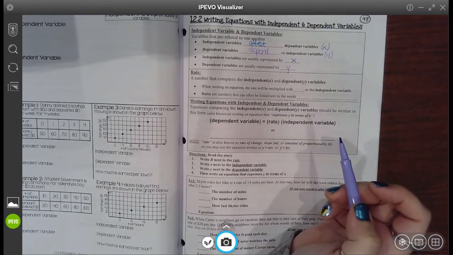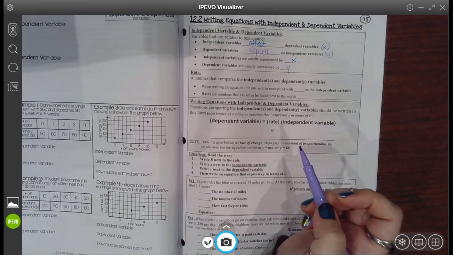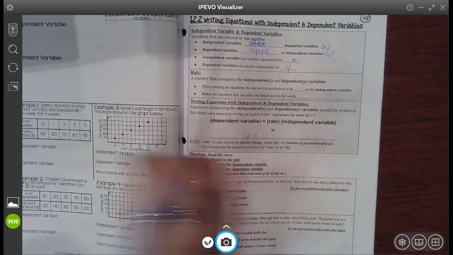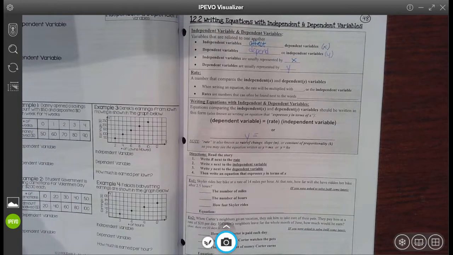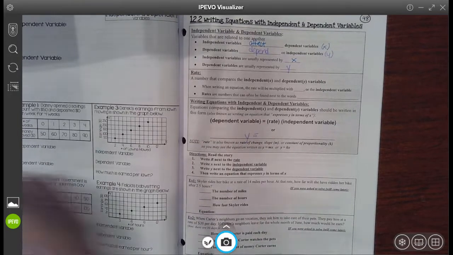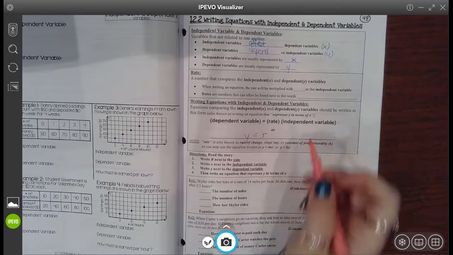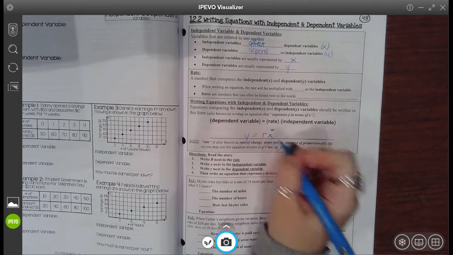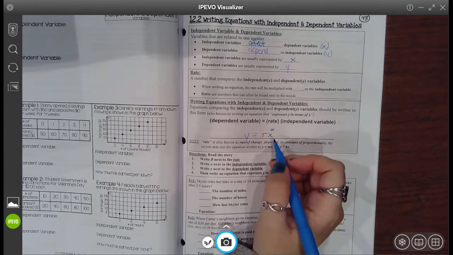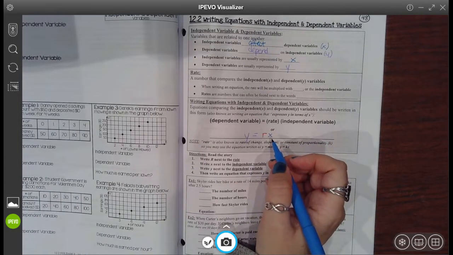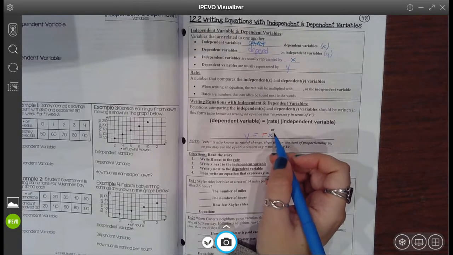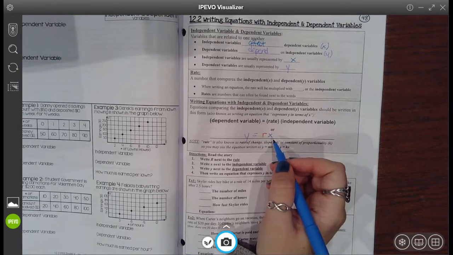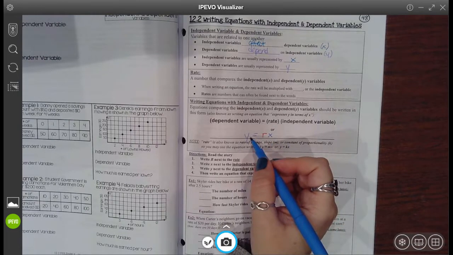And you're going to notice that our equations are y equals, what we're going to be establishing here pretty soon, your rate times your independent variable. So a lot of times we do things to the x, right? So the x is the thing that I change. So independent variable, I change it. And then my answer, y, depends upon that.